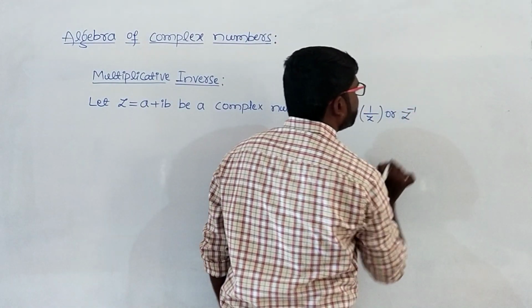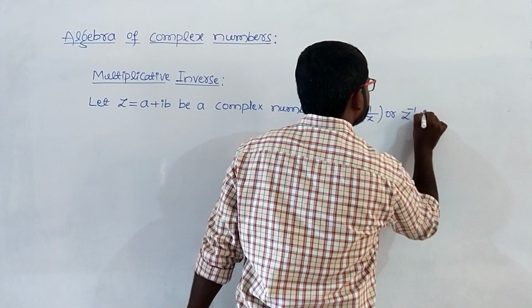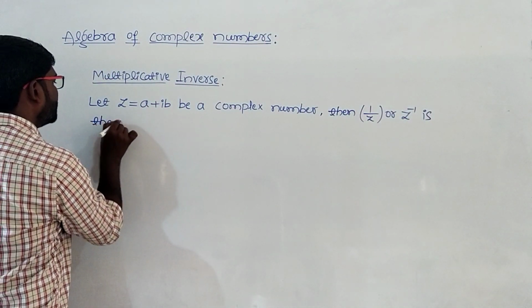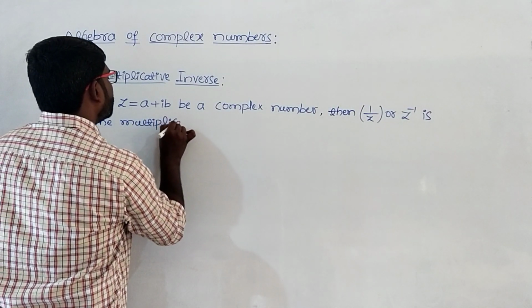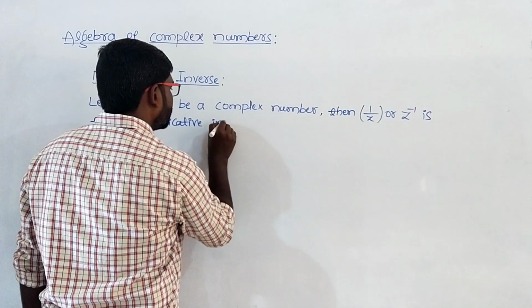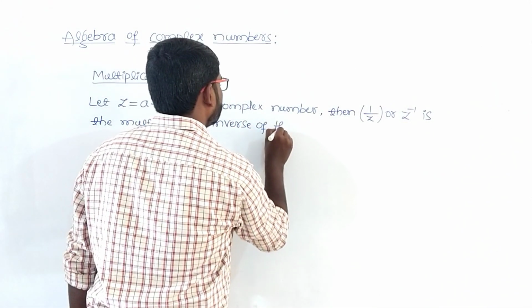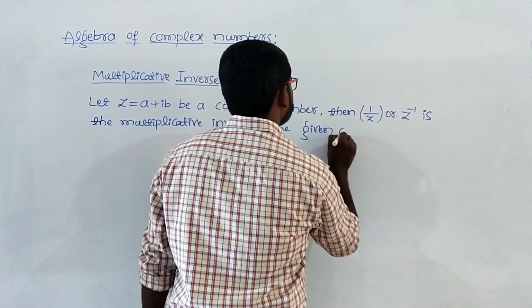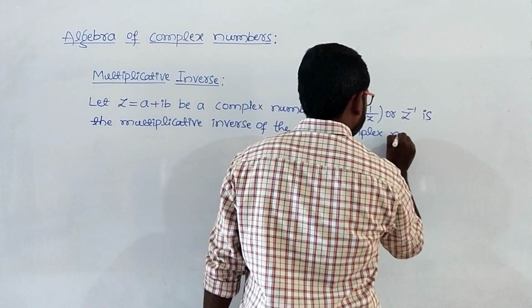We call this Z inverse. 1 by Z or Z inverse is the multiplicative inverse of the given complex number.